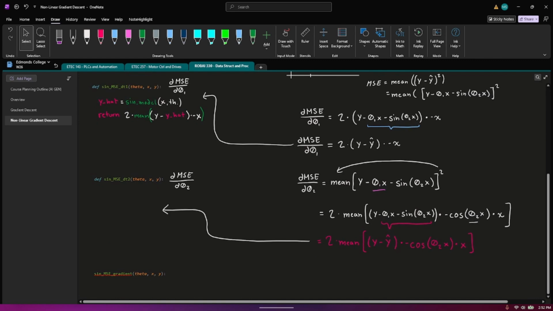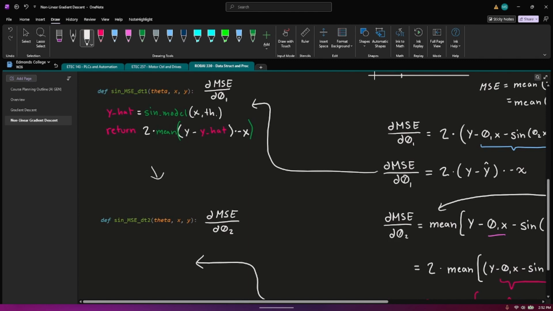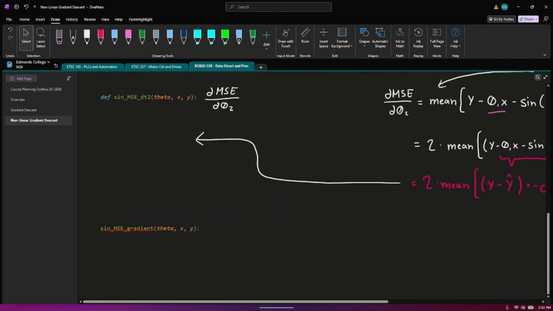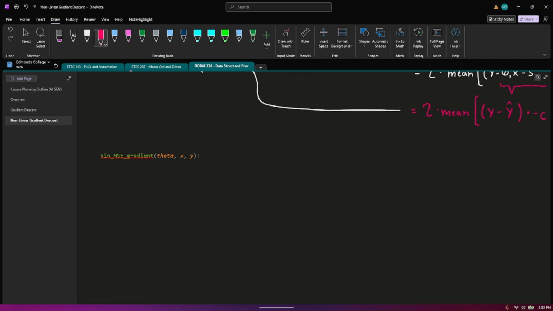Alrighty, so this gives you both of our derivatives, the direction the slope is heading, which we need for that gradient. And down here, in our actual sine MSE gradient, we want a single function to just represent the two-directional gradient, that is where theta 1 is going, and where theta 2 is going.